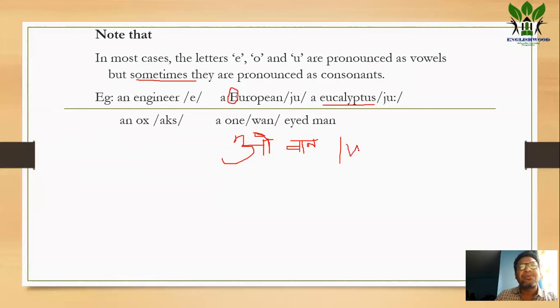Sometimes W, O, N is also written as one. This is very important to remember.